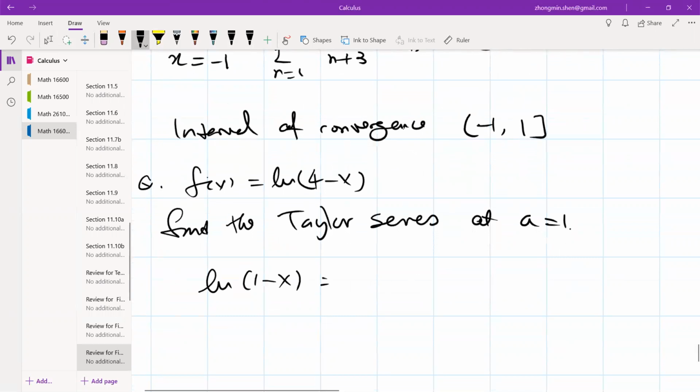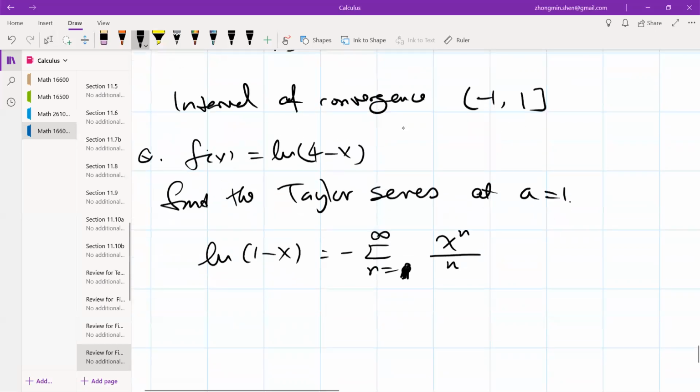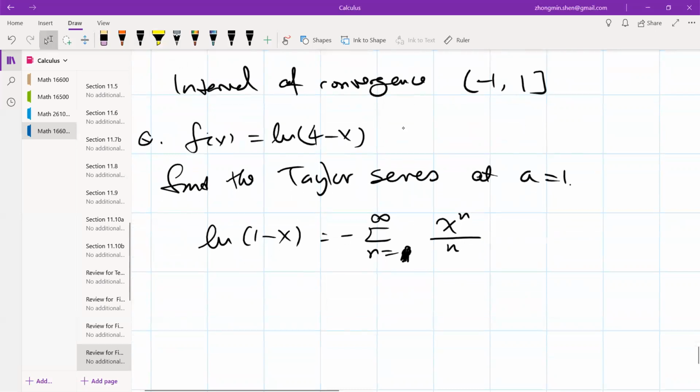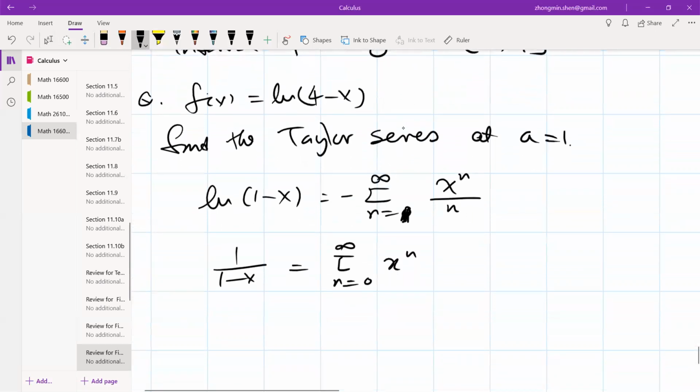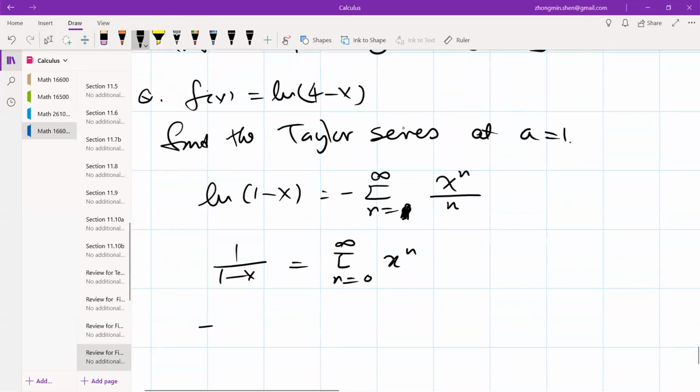Okay. So it's going to be negative, I believe, the sum of x to the power n over n. The reason I got this is because I know this is 1 over 1 minus x, right? And I integrate on both sides. When I integrate, I get a negative natural log of 1 minus x, because the antiderivative is here.